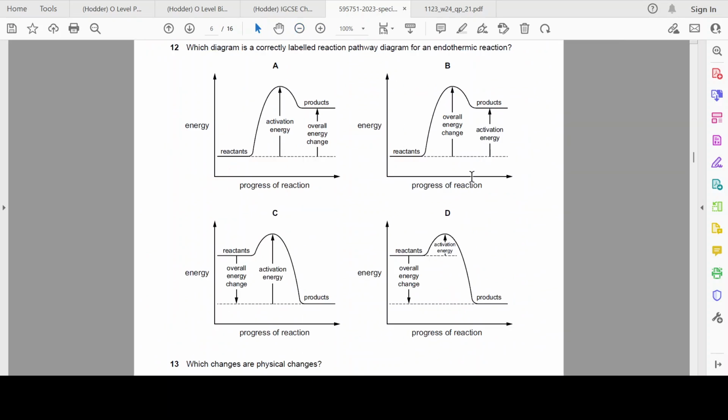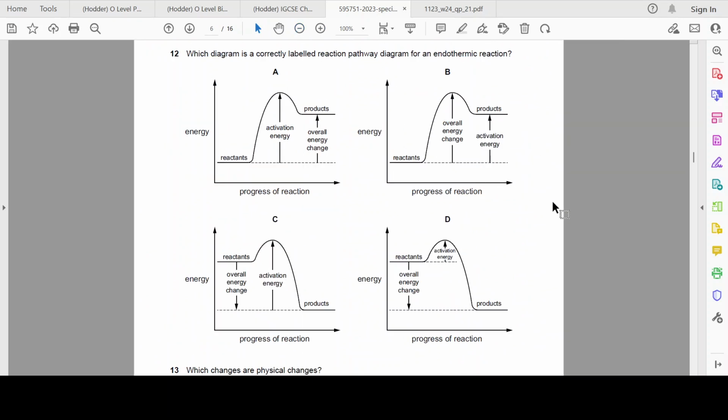Let's zoom out a bit. Which diagram is a correctly labeled reaction pathway diagram for an endothermic reaction? Okay, now you can easily eliminate two of the four options, right?